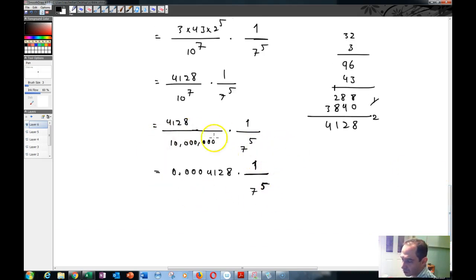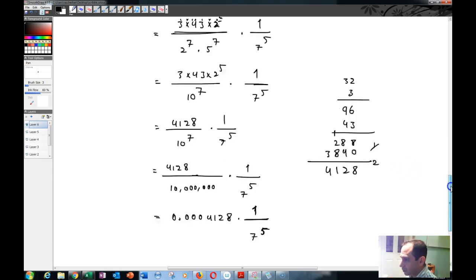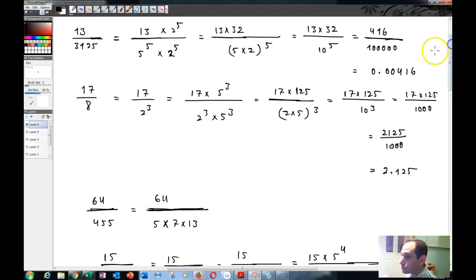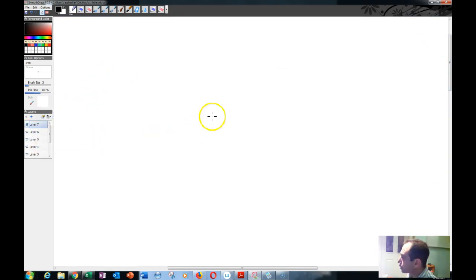Sometimes when you want to solve a problem, you have to do these kinds of unstandard things to numbers so that you can get somewhere. The next thing we have here is 6 over 15, for example.